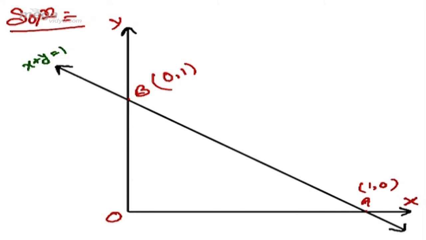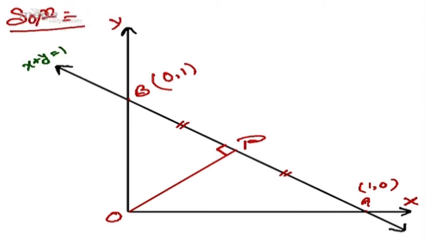The midpoint of AB is the point P, so this side and this side are equal. Because this is a right angle triangle with base and perpendicular equal, OP is also perpendicular to the line segment AB.